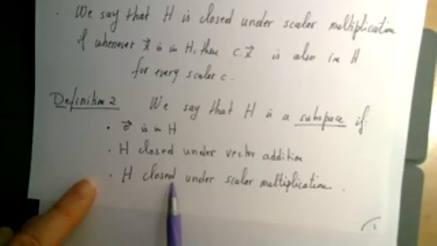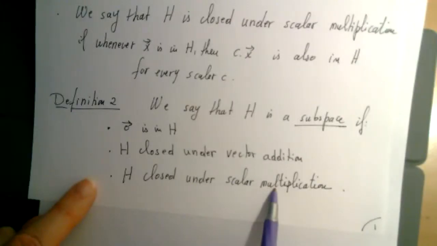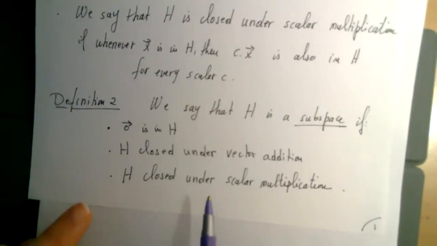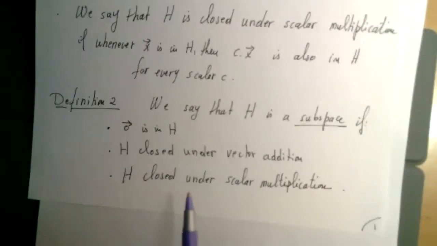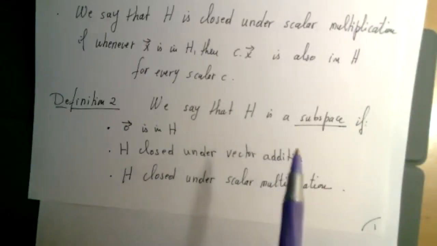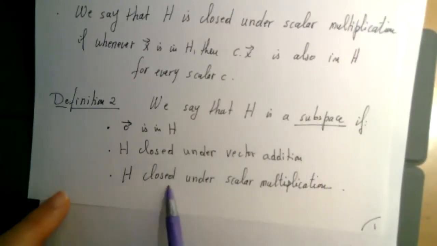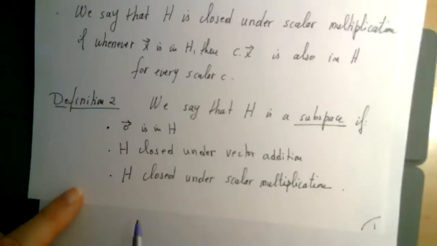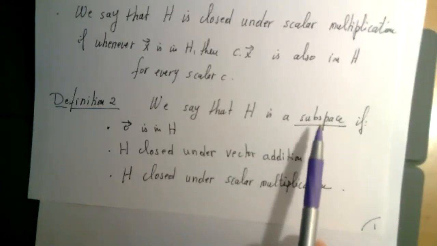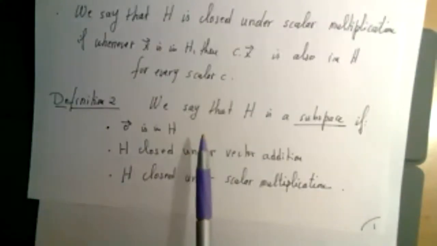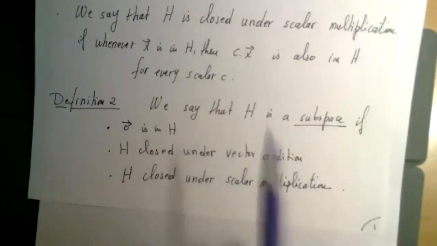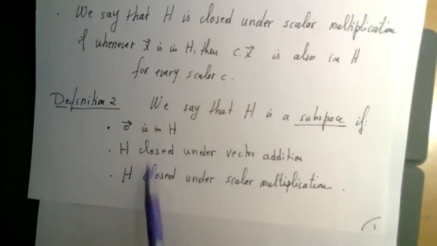Third, it has to be closed under scalar multiplication. You start with a vector in your collection, you scale it, you get a new vector. Is this vector in your collection? If it is, regardless of what the scalar c is, then we say it's closed under scalar multiplication. So subspaces are specific collections of vectors within R2 or R3 that have to satisfy all three conditions.